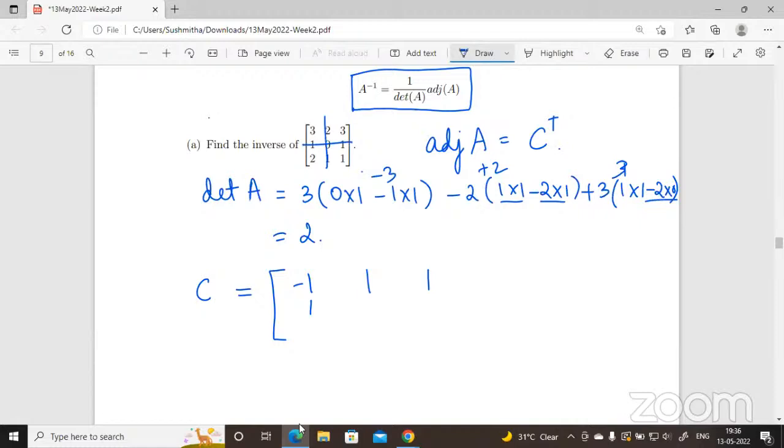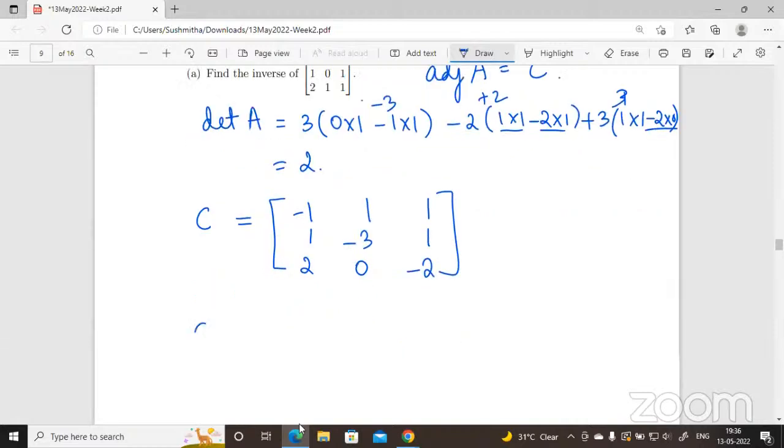Minus 1. 3 minus 6 minus 3, right? Not this one, this one. 3 minus 4 minus 1, but there's already a minus, so plus 1. Plus 1. 2, 2, 2. Zero, zero. Minus 2, minus 2, minus 2.